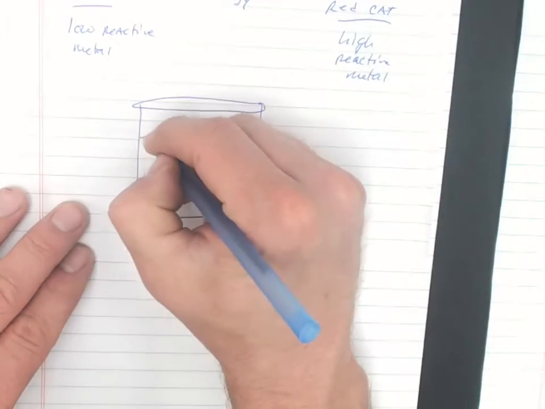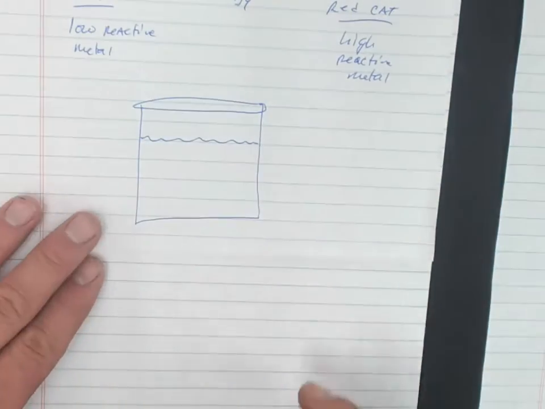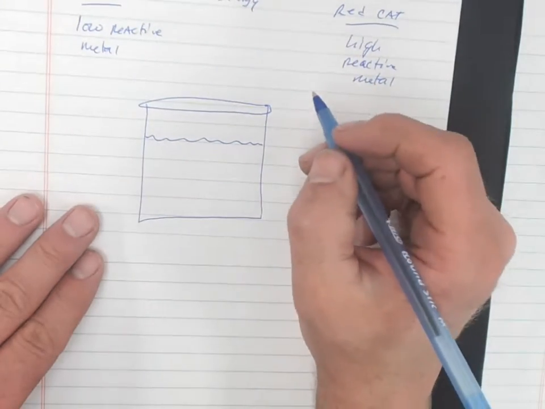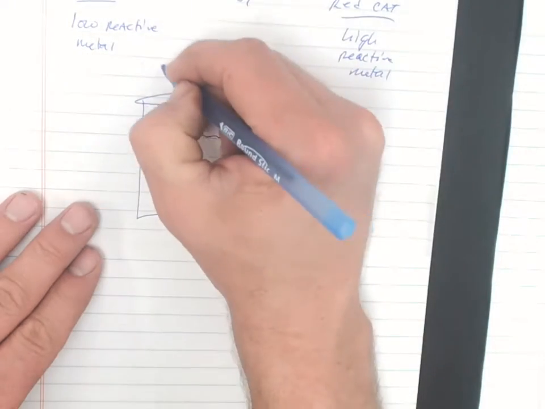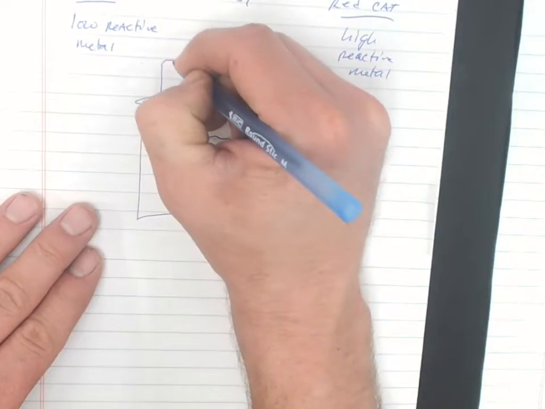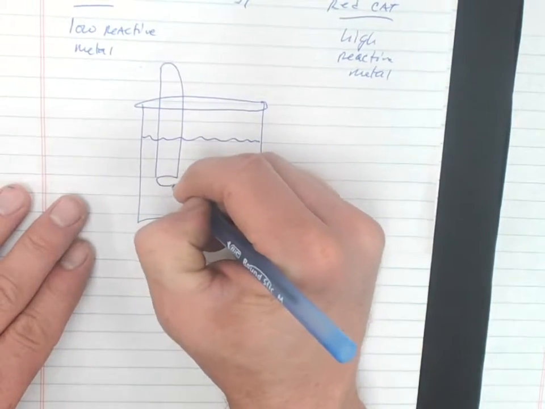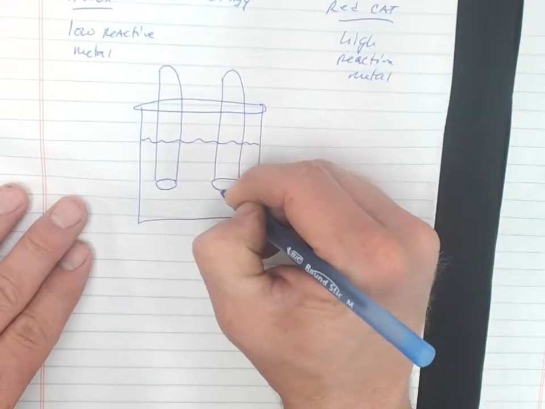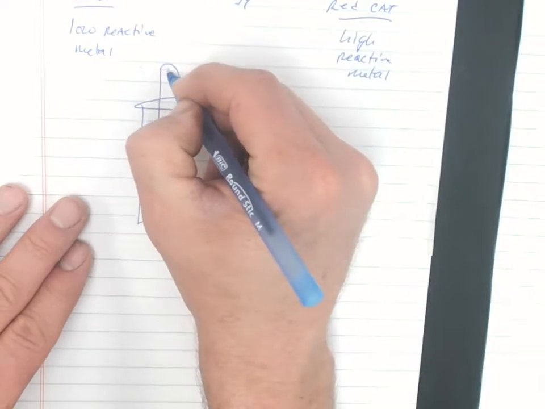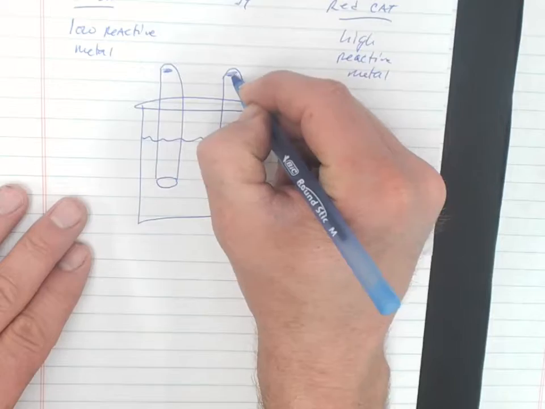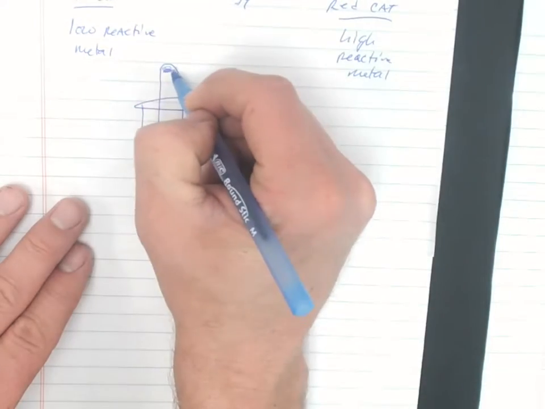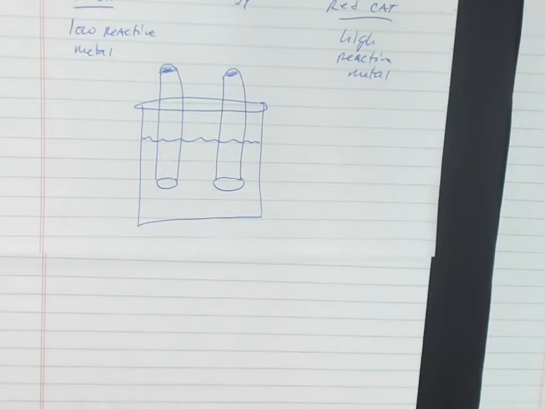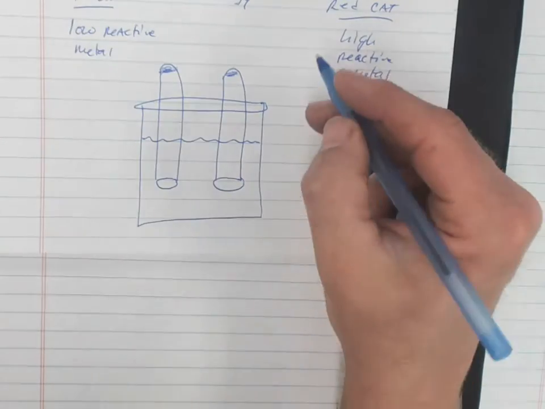But if we take a solution and in this solution we put test tubes that look like this. Stand them upright. We fill those test tubes to the top with water. I'm just going to leave a little bit of air at the top to show here that those are submerged, they're filled with water.